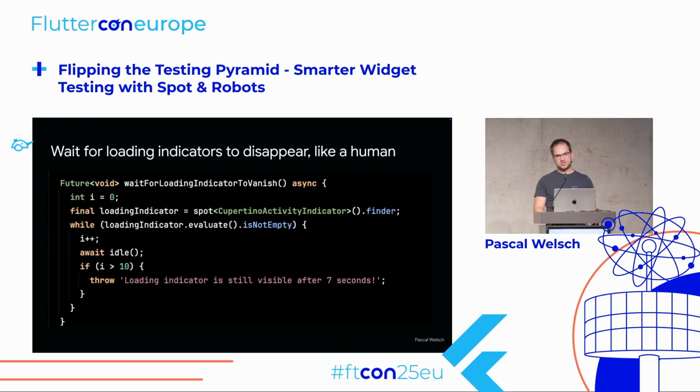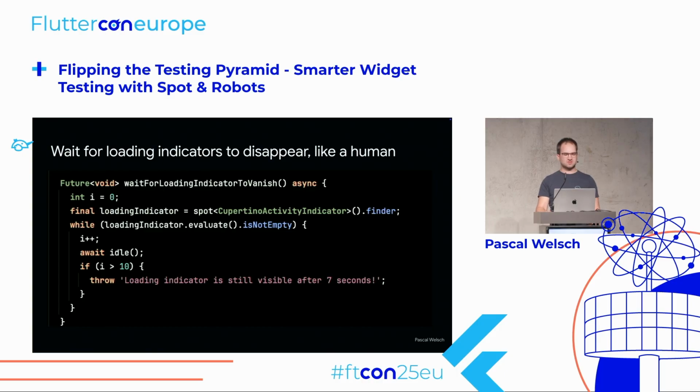If you are writing widget tests, you should really feel like the end user. So instead of exposing some hidden API with visible for testing or something like that, to know if something has finished or a network request has finished, eventually failed or something like that, you should really think like the user. The user has no way of knowing what the internal state of your application is unless you show it on the screen.